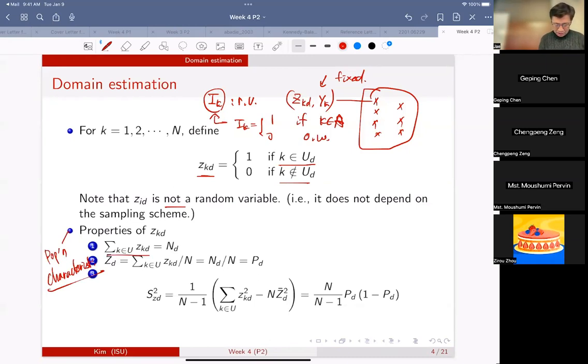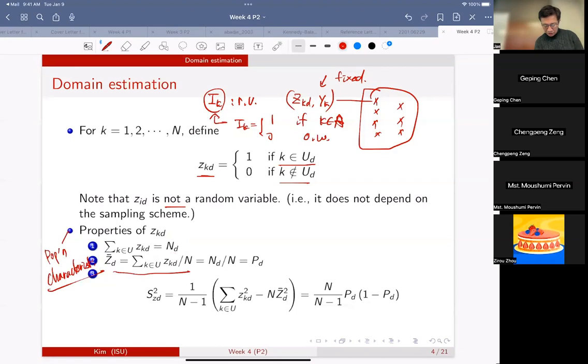Because z is an indicator, the summation over k of z_k is just the population size for that domain, which is N_D. And then z̄_U, which we write this way, is just the population mean of z_k, and z_k is either 1 or 0, and it takes 1 if it's in the particular domain and 0 otherwise.